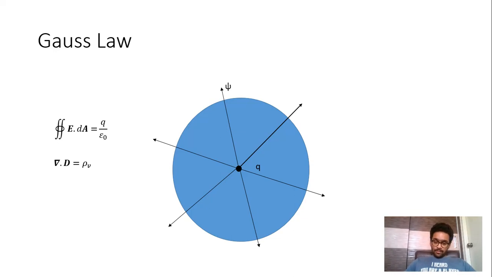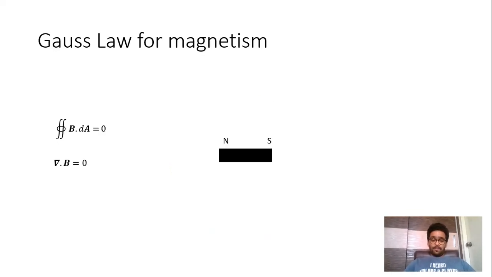Coming to the next equation, del dot B is equal to 0, or the closed surface integral of magnetic flux density is 0. As I said before, if the flux is going out, it is called divergence.